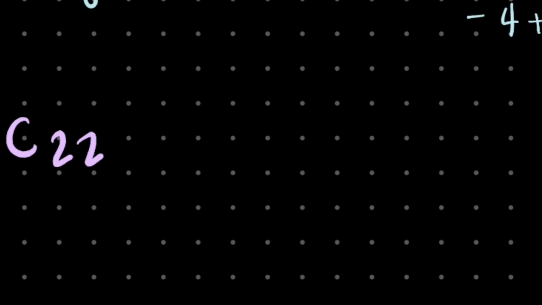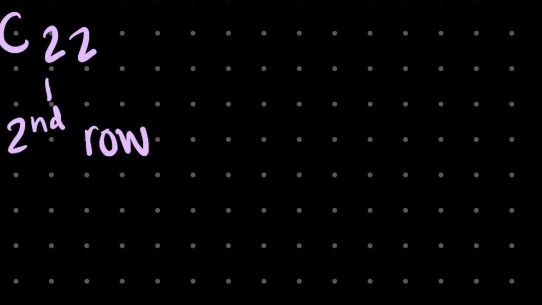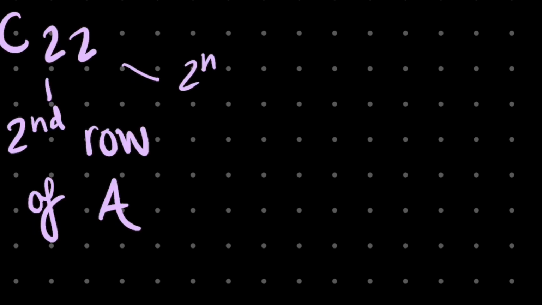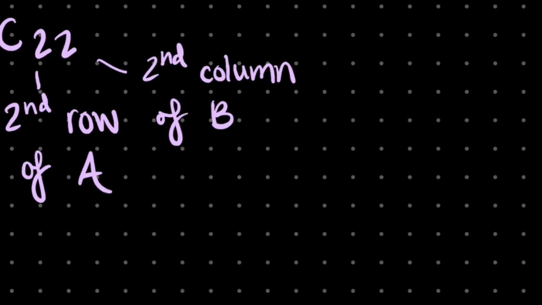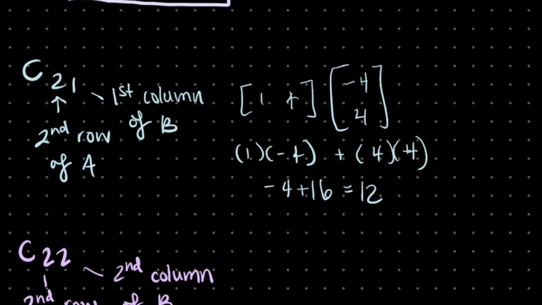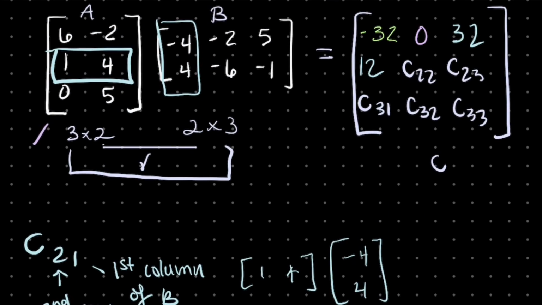C22. That says that I'm looking in the second row of A, right? We haven't moved out of the second row of C, so we're still in the second row of C, but now we're in the second column of C, so we're going to look in the second column of B. Remember that in the first matrix you're only looking at rows, and in the second one, you're only looking at columns.